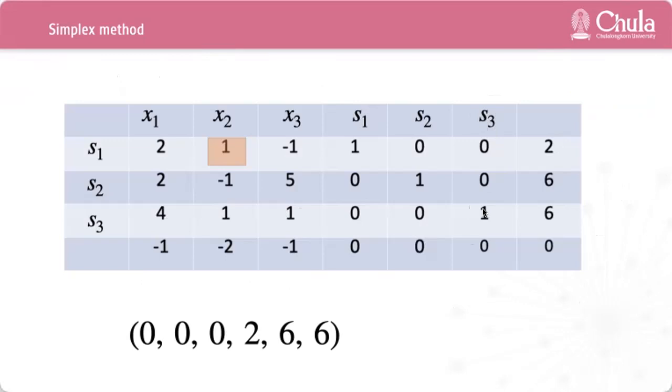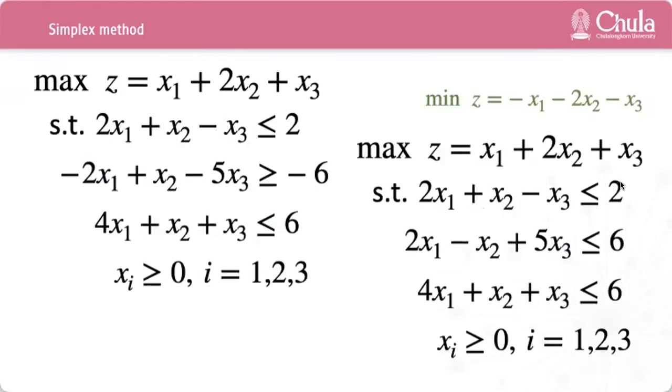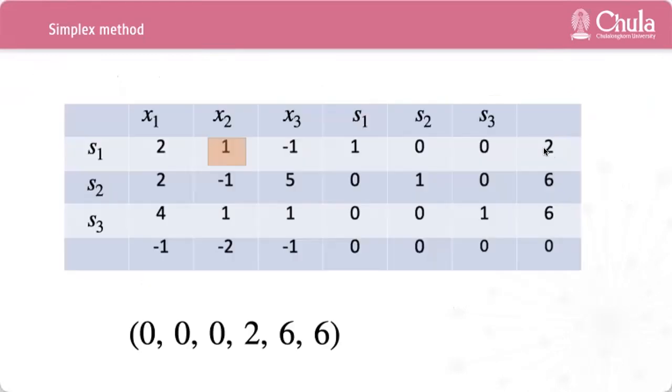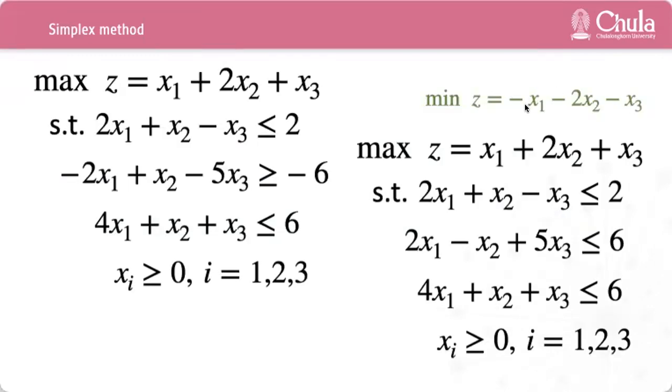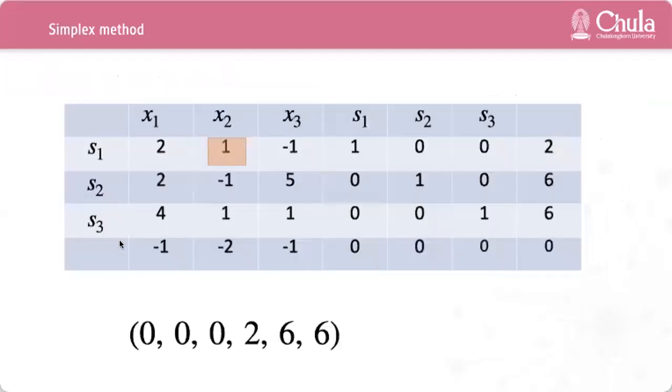On the right hand side, we have 2, 6, 6. And the coefficients for the objective function are -1, -2, -1. Any questions at this point? Hadim, do you have any questions at this point? No? No problem. Okay, good.